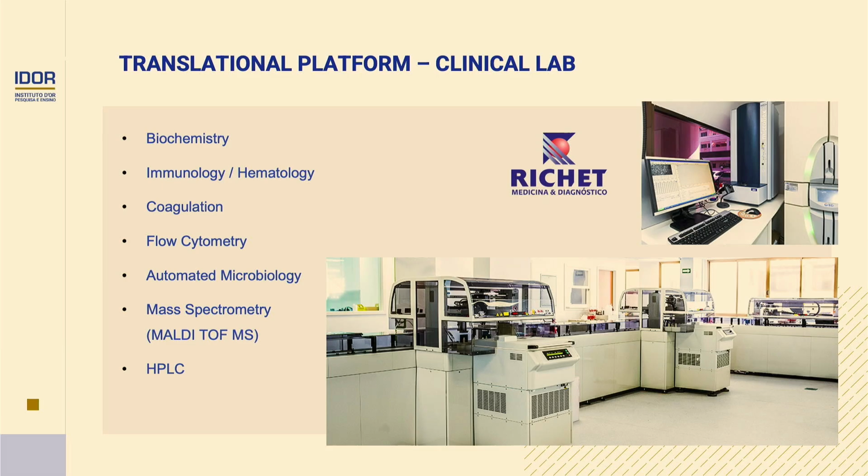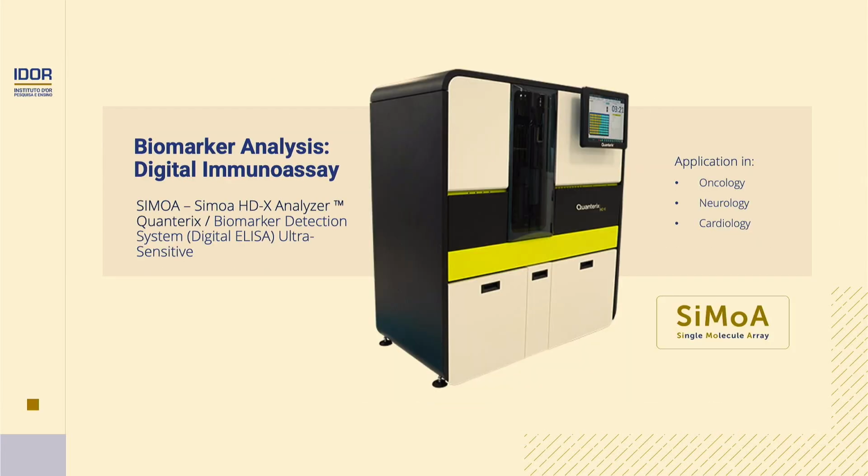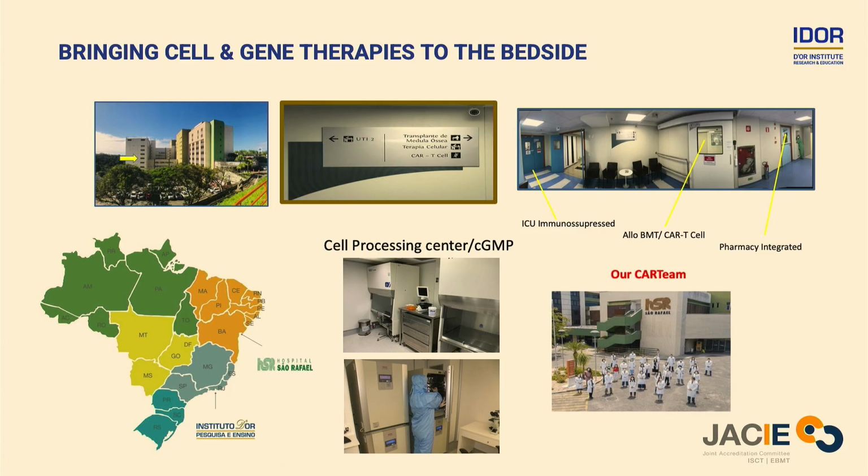In Rio, we have a lab for samples, so a lot of fluid analysis, including a Simoa, where we are also validating with different cohorts. In the Northeast, in Salvador, we do have a lab that's more specialized in advanced cell therapy.